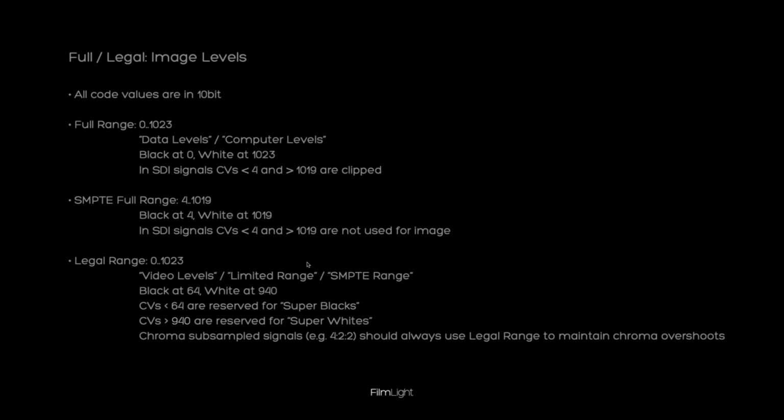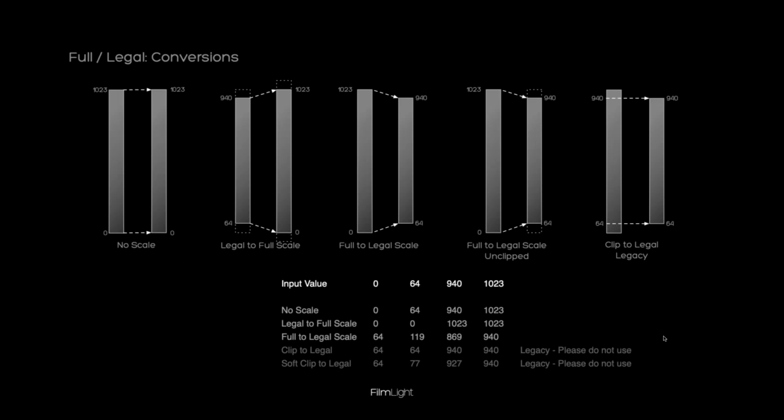This, for example, makes sense for chroma subsampled signals like 422, where you might get some chroma overshoots, especially in the reconstruction of the signal. Okay, but I guess most of you know what full and legal levels are. I just wanted to do a quick recap and get the naming right that I'm going to use.